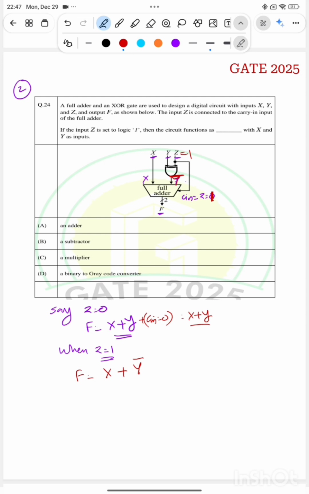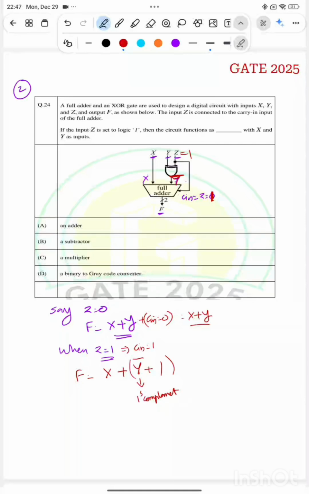But here in full adder, when z is 1, the Cin is equal to 1, right? So I have to add the bit 1 also. So what happens? y bar is actually 1's complement.